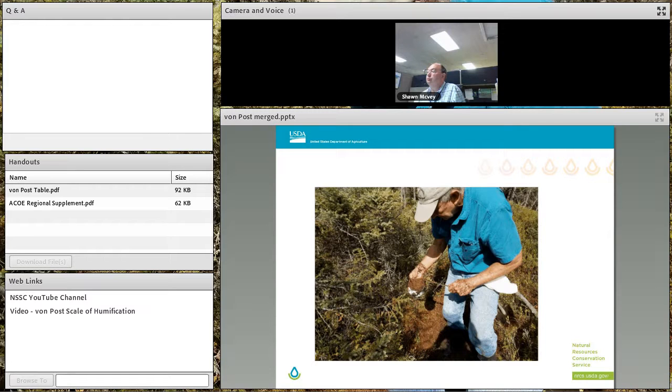So I think that's a good thing, and I think maybe the NRCS sometime will come up with a formal correlation for those between the von Post and the humic separate classes.